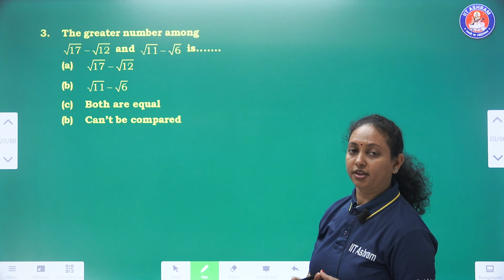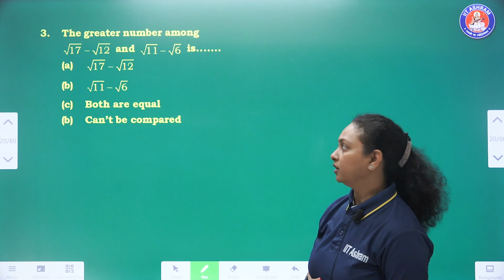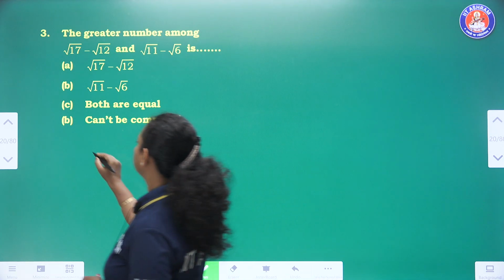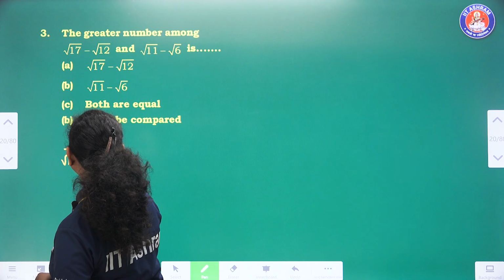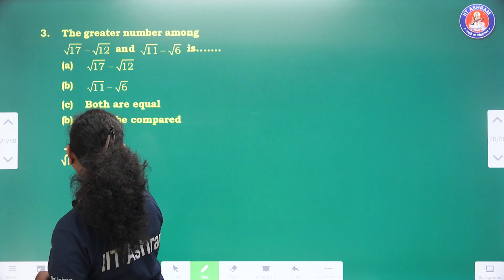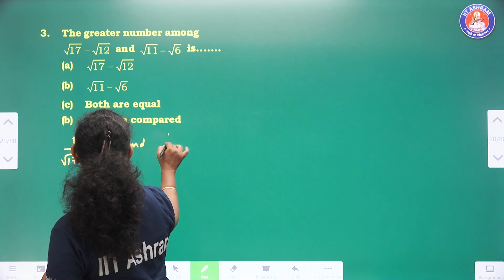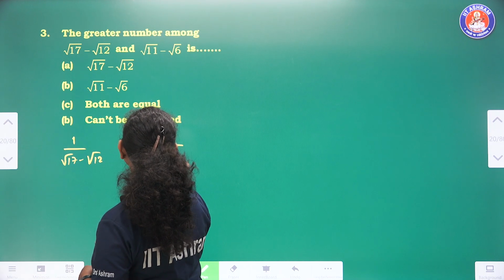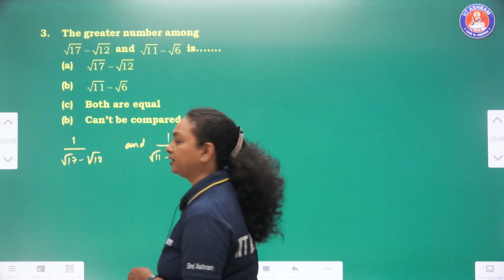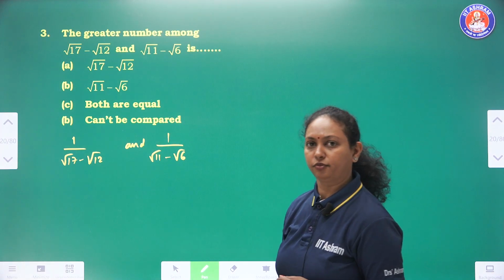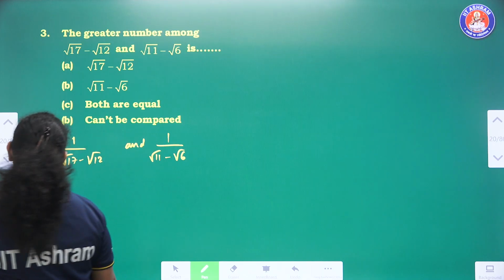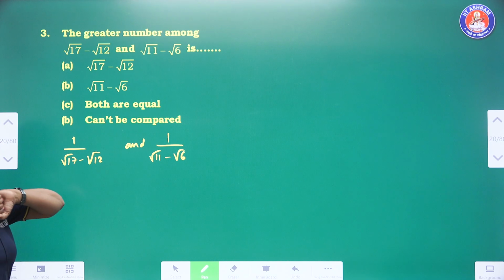What we have to do, we have to compare their inverse. So we just write 1 upon root 17 minus root 12 and 1 upon root 11 minus root 6. We are comparing these two. How do we compare? So you know that first we have to rationalize them. What is the rationalizing factor of root 17 minus root 12?